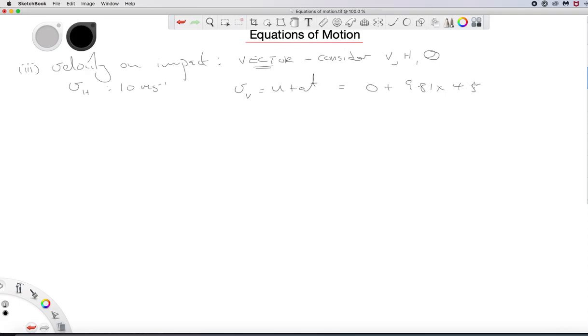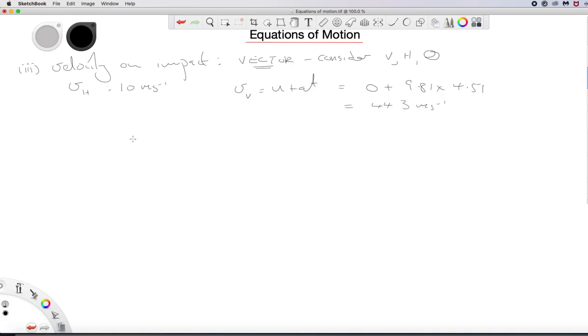So, well, 4.51 actually it was. So that gives us a vertical velocity of 44.3 meters per second.